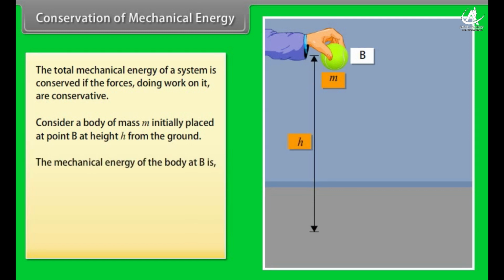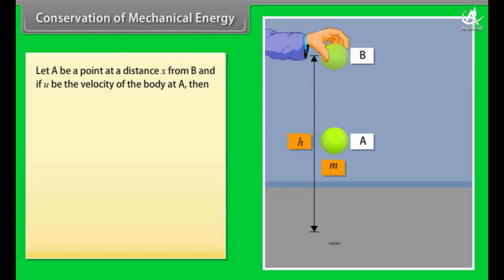The mechanical energy of the body at B is equal to kinetic energy of the body at B plus potential energy of the body at B, which is 0 plus mgh, equal to mgh.